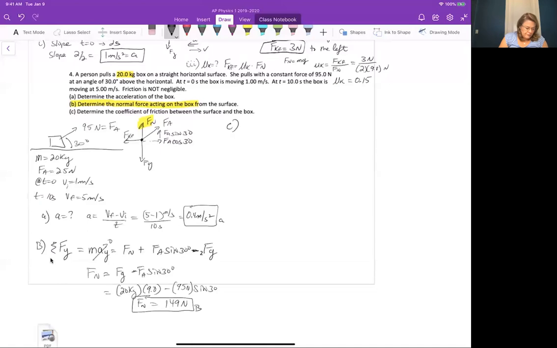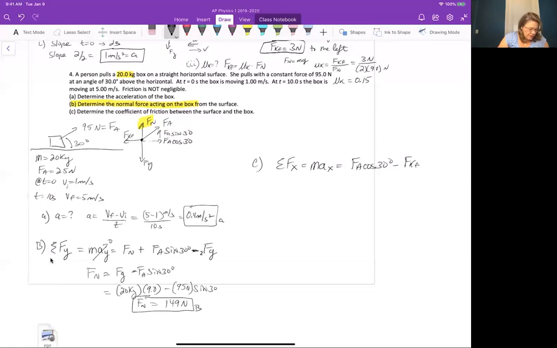C. Determine the coefficient of friction between the box and the surface. Sum of the forces in the x direction is equal to mass times acceleration in the x direction. All right, what do I have in the x direction? I have force applied cosine 30 degrees minus the force of kinetic friction.